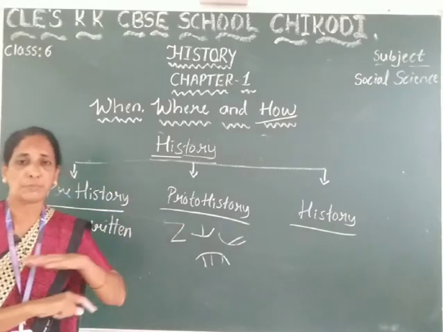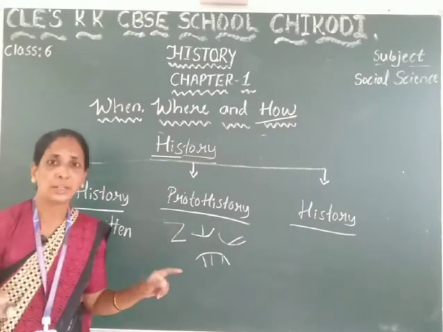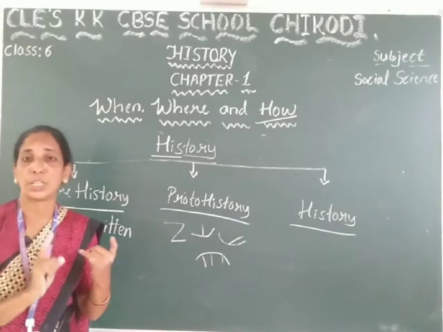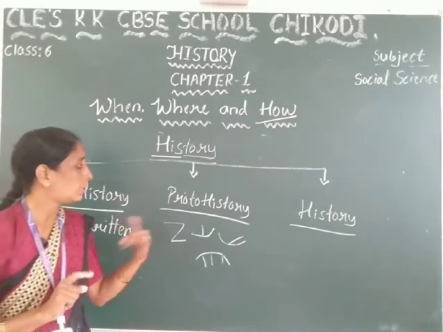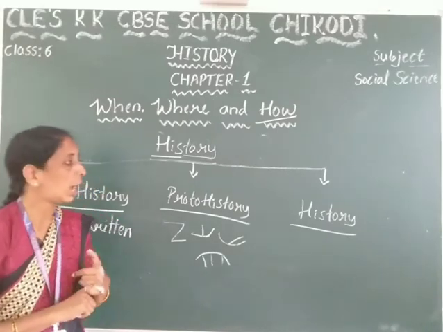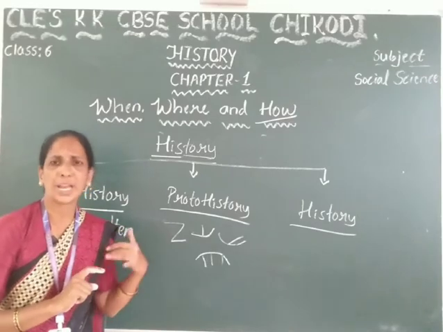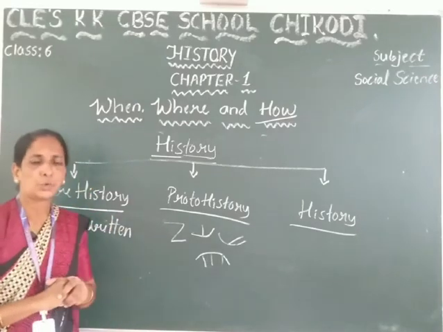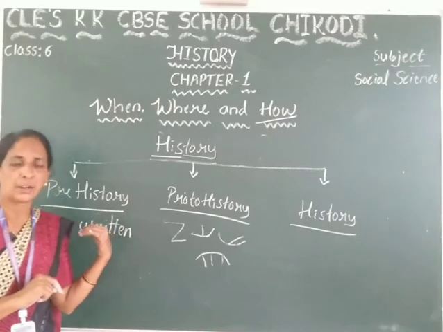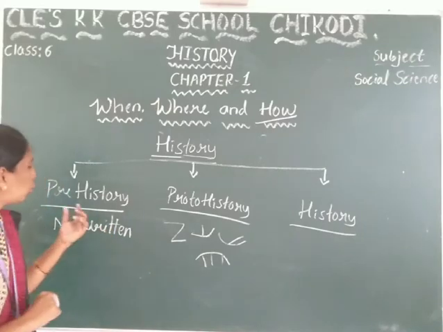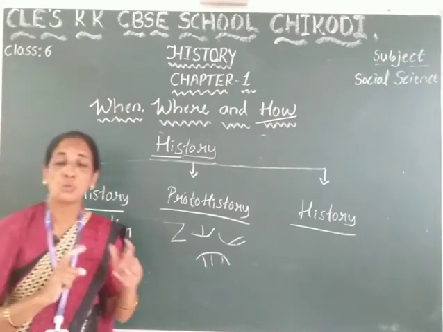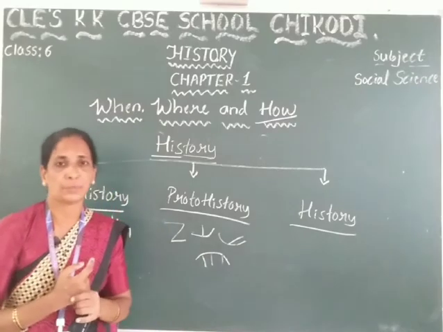History is classified in 3 categories. So first one is prehistory, second one is proto-history, and last one is history. We know that prehistory peoples, they are early men, okay. So they don't know how to write and how to read.